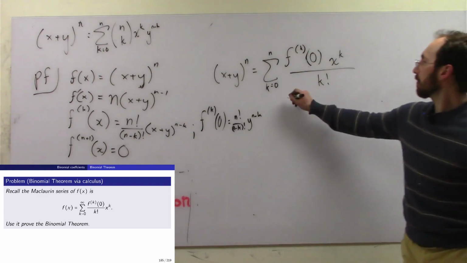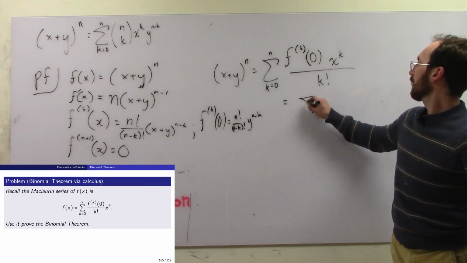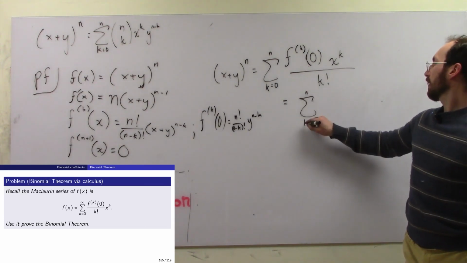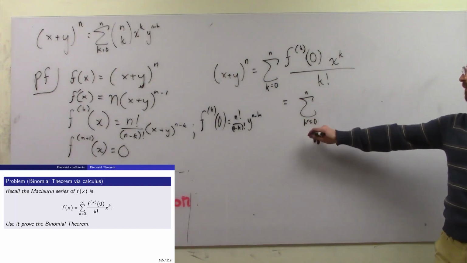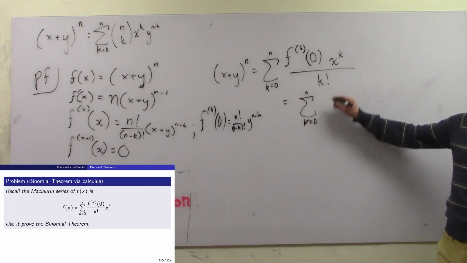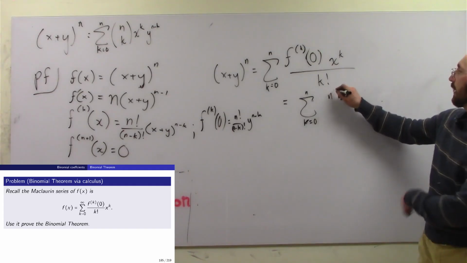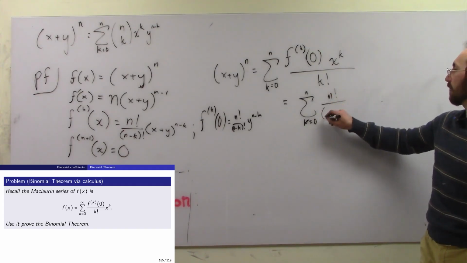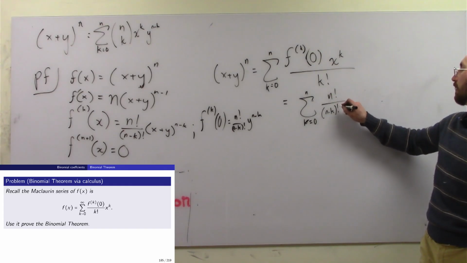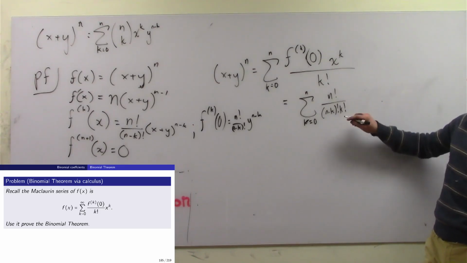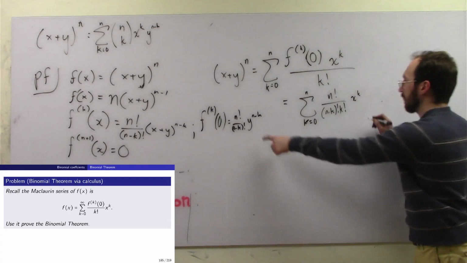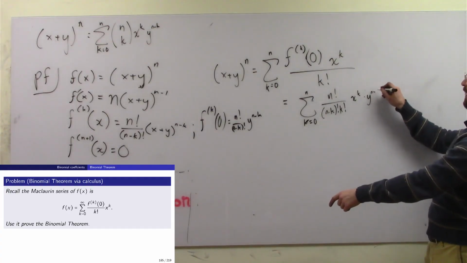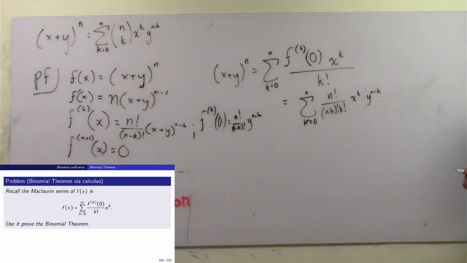So we get the sum from k equals 0 to n of n factorial over (n minus k) factorial times k factorial, times x to the k times y to the n minus k.